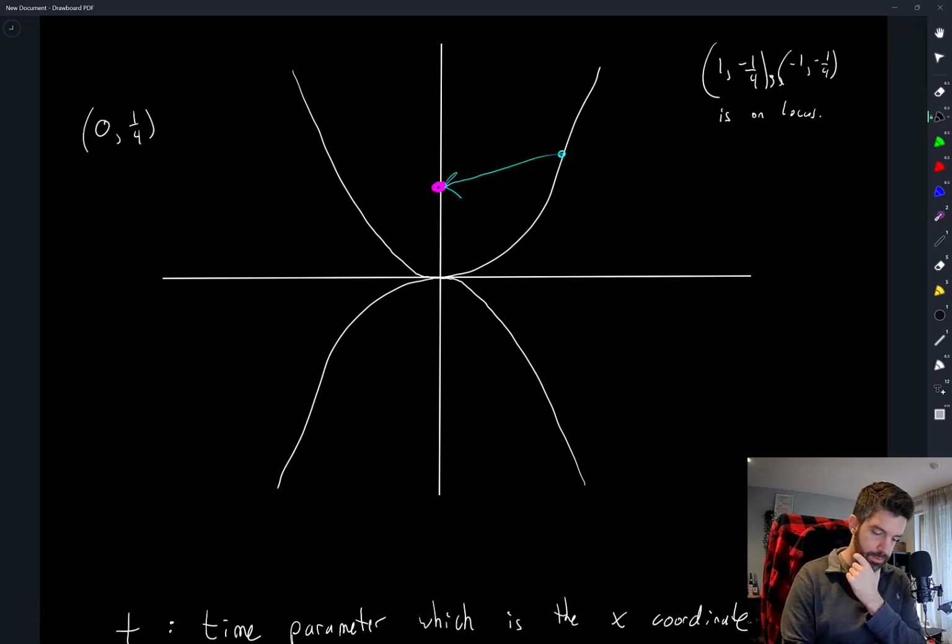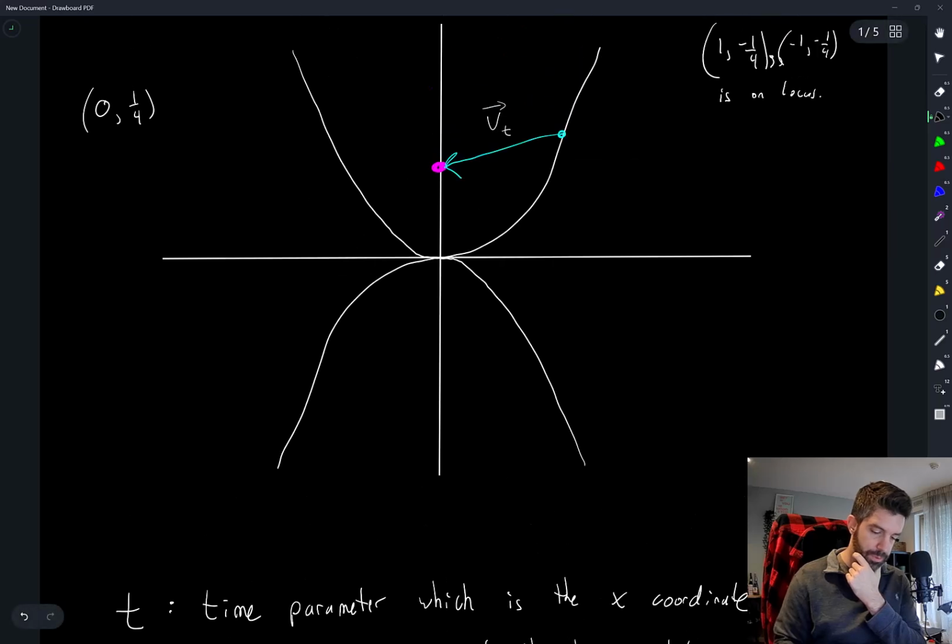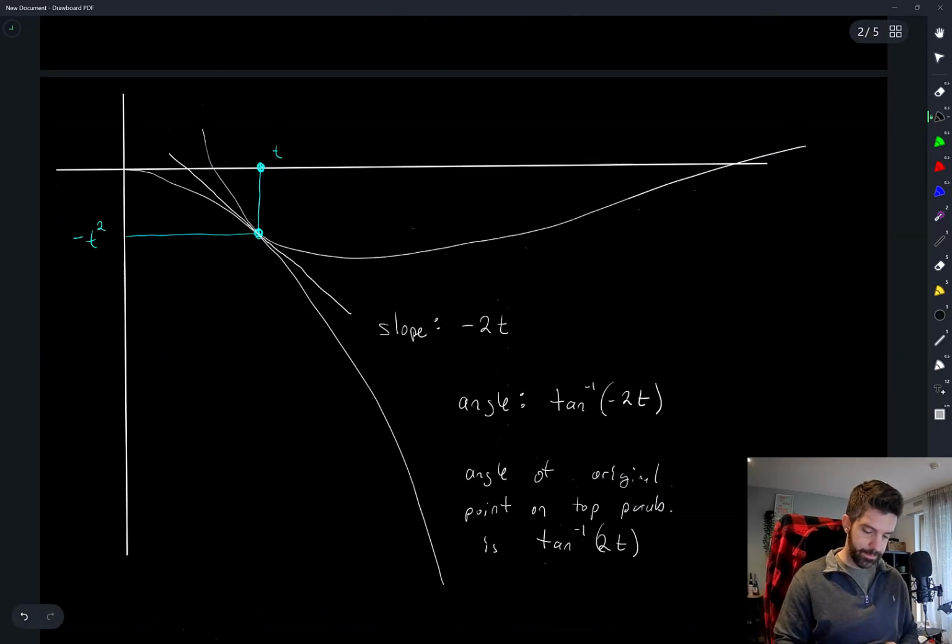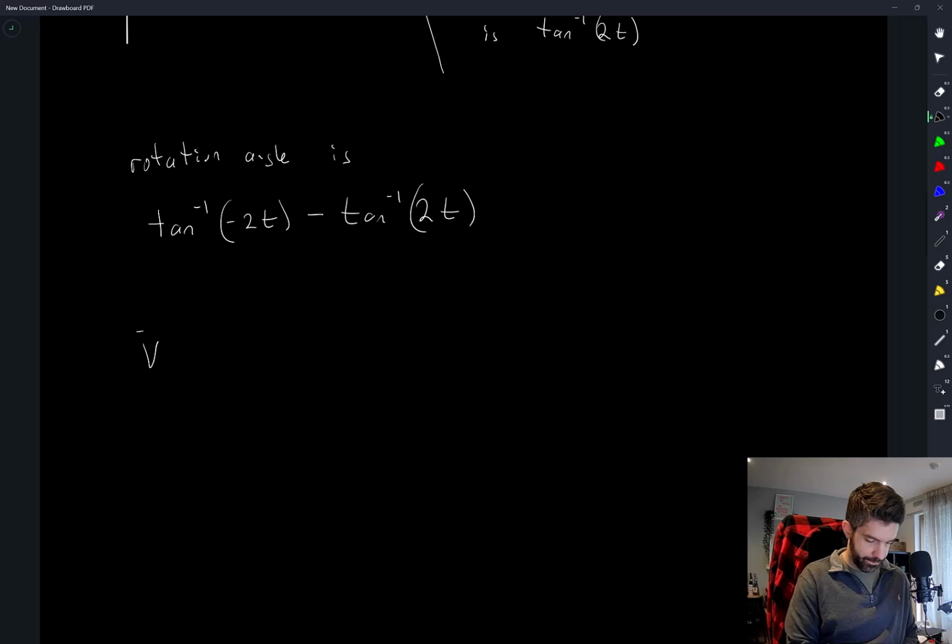So let's call this v of t, and v of t is equal to (t, t squared) minus (0, 1/4).